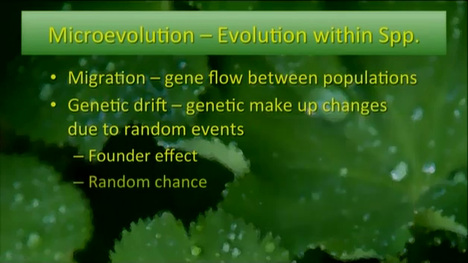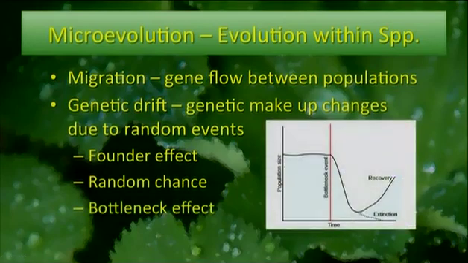Okay, so that's called the founder effect. Okay, we also have random chance having an effect, like a tidal wave coming and taking a bunch of animals away somewhere and drowning them. So that's a random chance event that can lead to genetic drift.